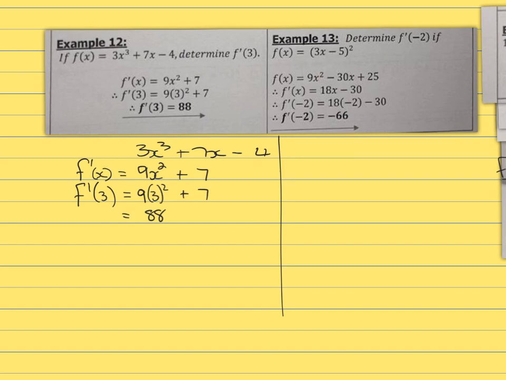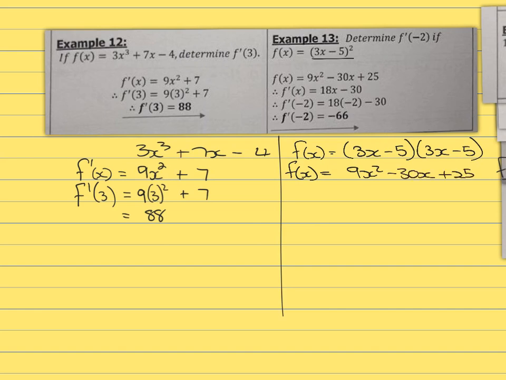If I look at this one next to it, here fx is equal to 3x plus 5 in brackets squared. So we've got to write it twice and multiply the bracket away. You know, forky backy. That will give you that fx is equal to 9x squared minus 30x plus 25. Now that means that the derivative of x will be 9 times 2 is 18.